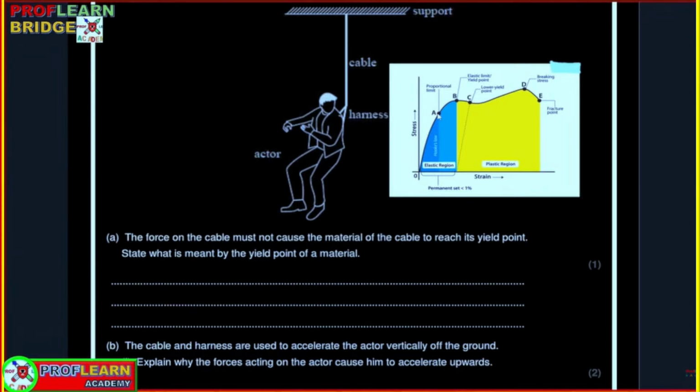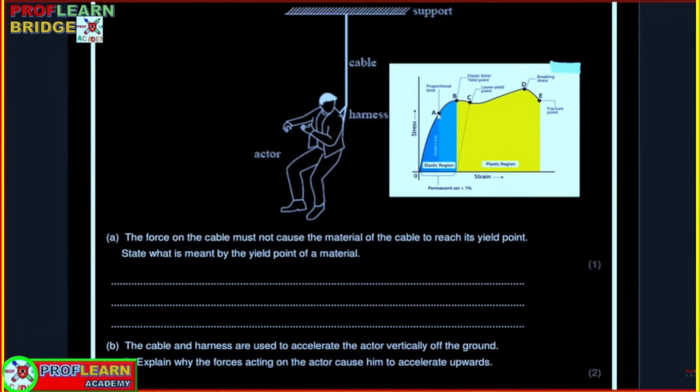So this is the region whereby the material obeys Hooke's law. You can use that region in order to work out the Young's modulus from the gradient.